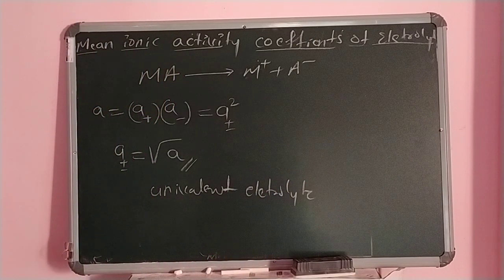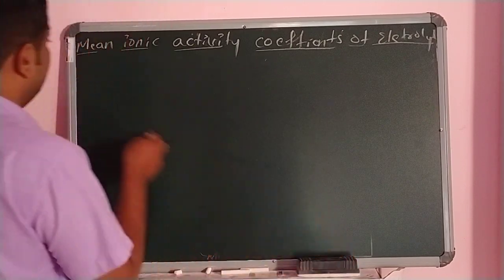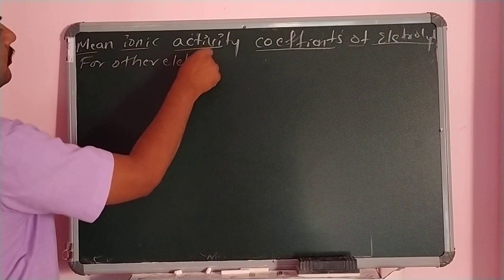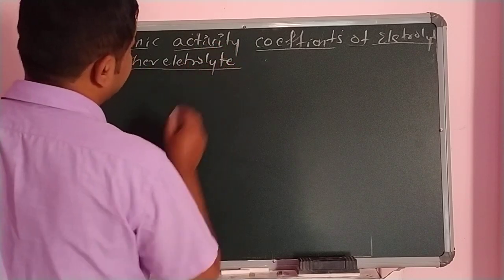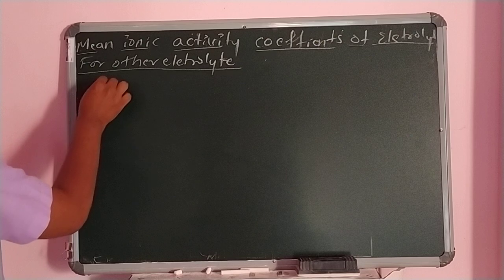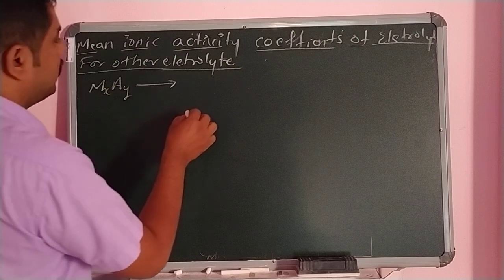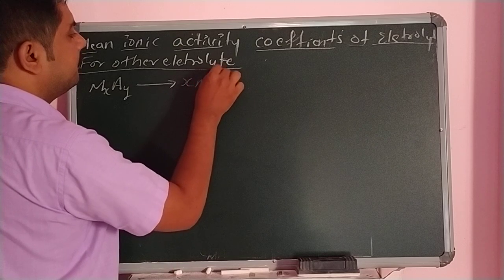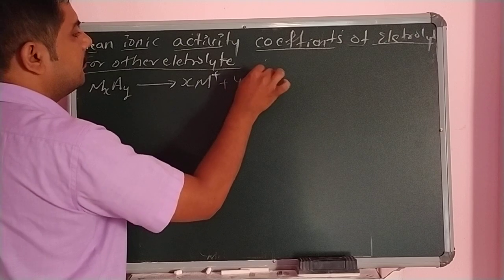Next, you are going to consider the bivalent electrolyte or other electrolytes. For other electrolytes, what will be the activity coefficient or activity of the species? Let us consider the equation: M x A y undergoes dissociation to form x M plus and y A minus.